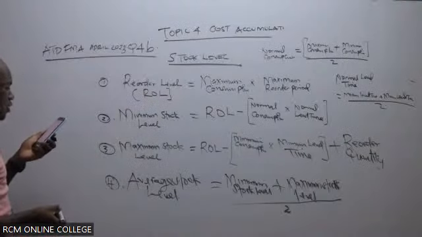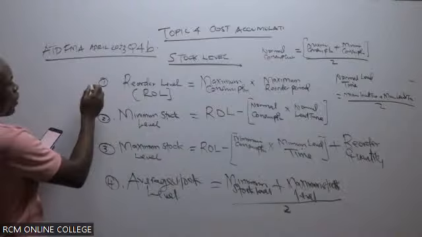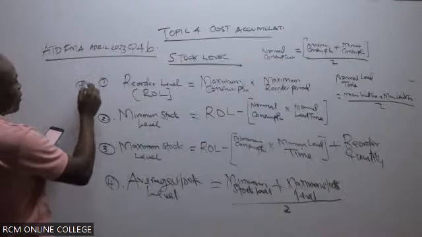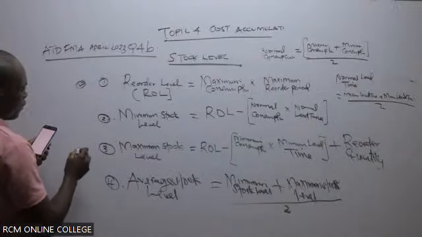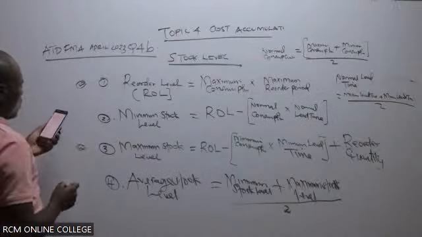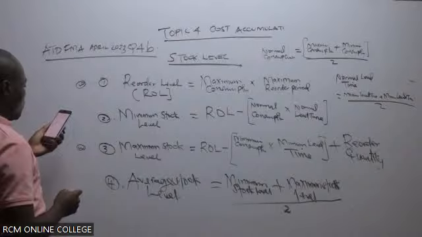They are asking you to give them reorder level, then maximum inventory level, and then minimum inventory level.